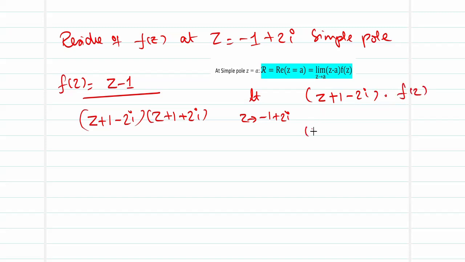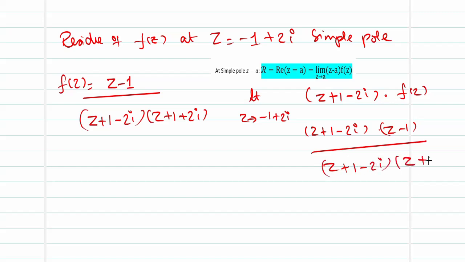Now copy paste our function: z minus 1 divided by z plus 1 minus 2i and z plus 1 plus 2i. Now when I allow my limit z tends to the pole minus 1 plus 2i, this quantity gets cancelled off with this quantity, leaving us with just the remainder of it.